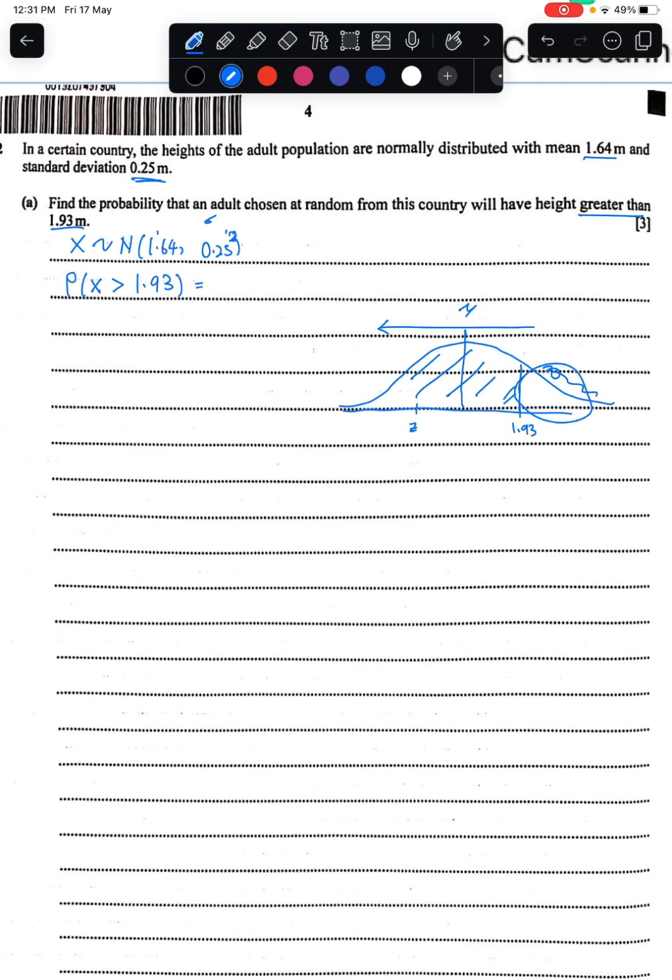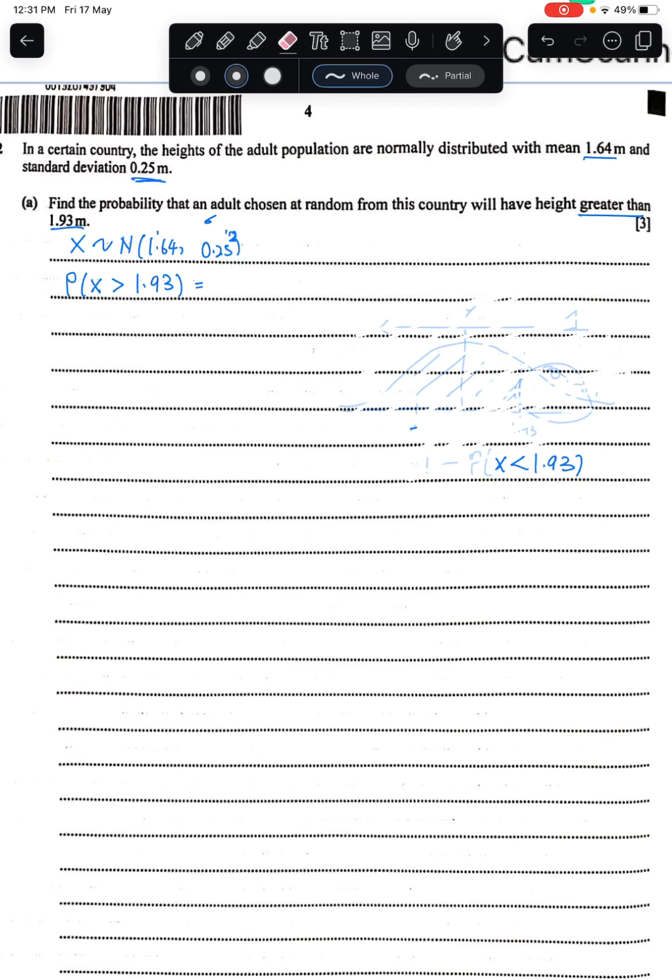We do know that the area under the graph is always equal to 1. So basically we just use 1 minus the value we get: 1 minus the probability that x is smaller than 1.93. Let's do it.